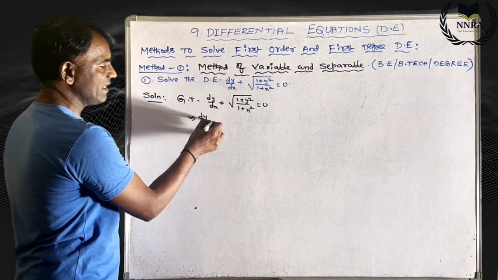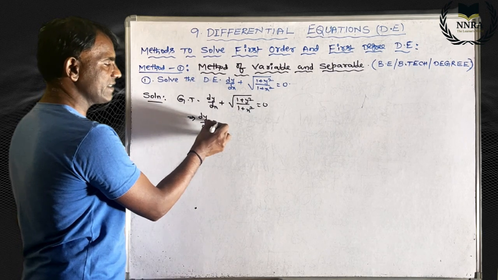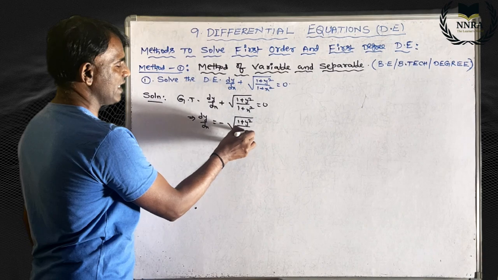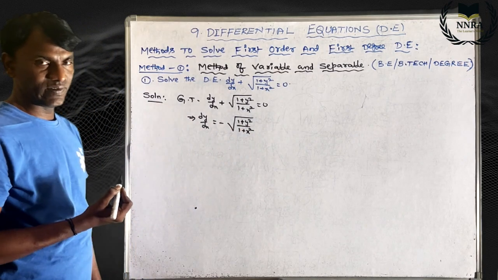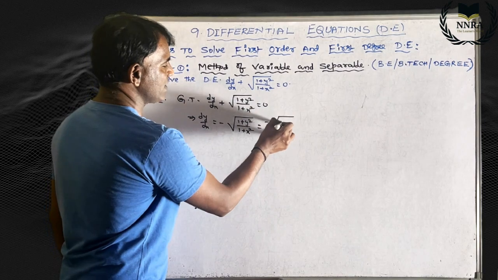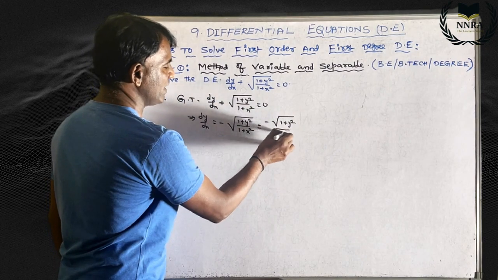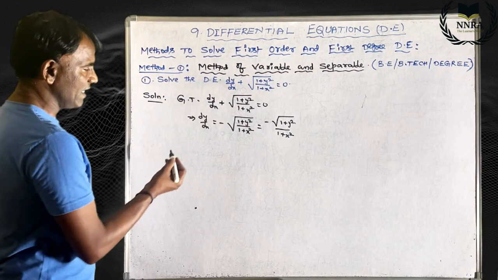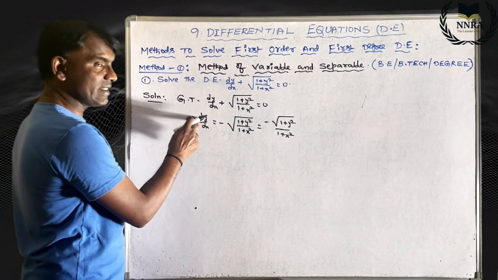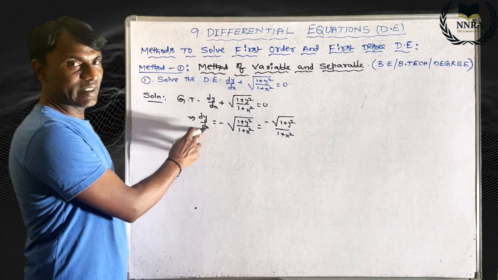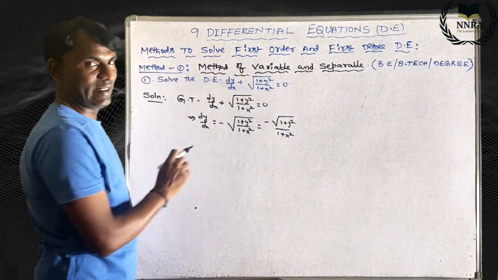Clear? And here if you want, just write that side. So minus square root of 1 plus y square by 1 plus x square. Now separate both numerator and denominator, that is minus root of 1 plus y square by root of 1 plus x square. Then dy is in the numerator and dx is in the denominator, so that denominator dx we can write that side.